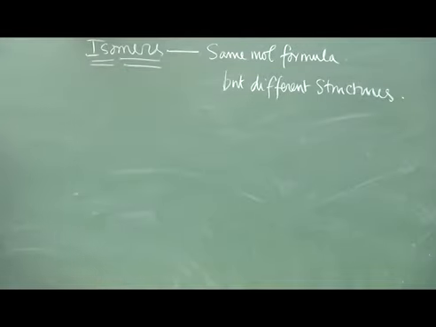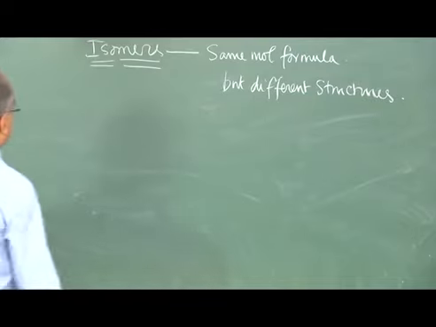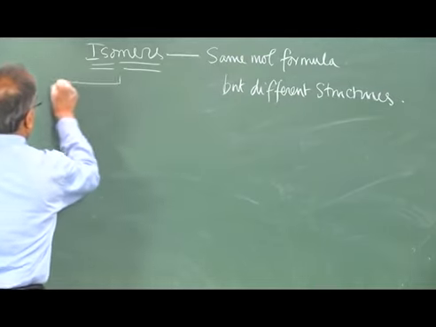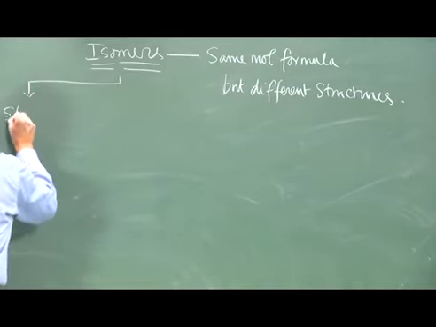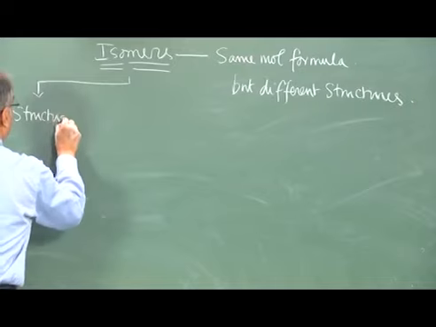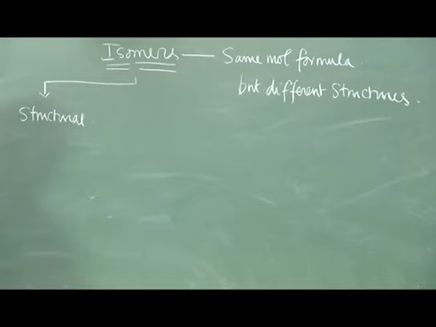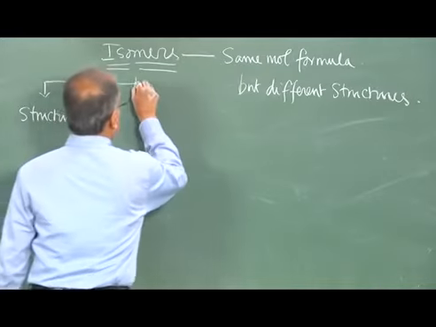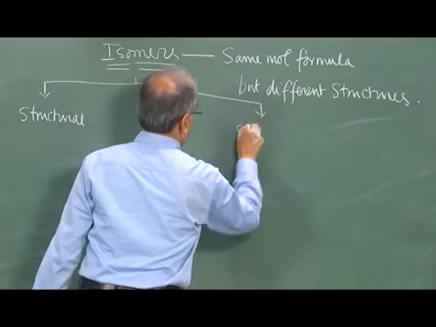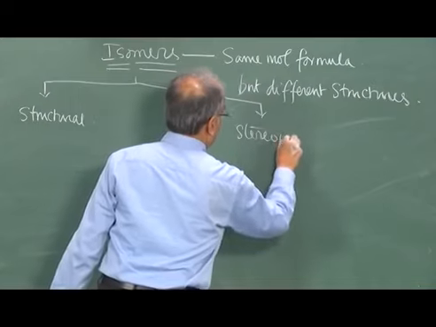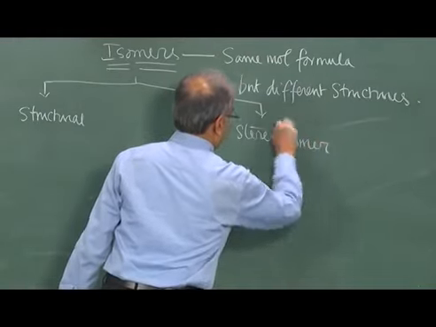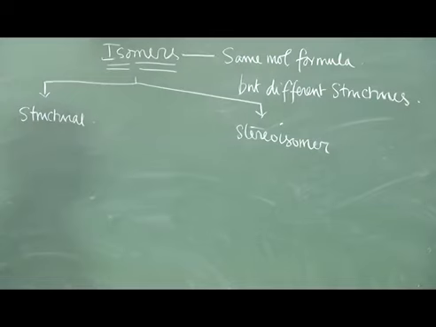In other words, the molecular formula will essentially be the same and structurally they will be different. The isomerism, you can have structural isomerism where the structure itself is very different for different compounds in the isomer series, or you can have stereoisomerism.